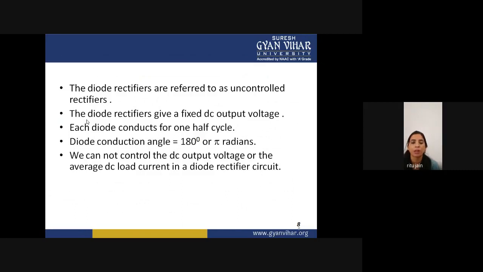So that's why the diode conducts for one half cycle. Now we cannot control the DC output voltage or the average DC load current in diode rectifiers. So this is all about the rectifier, or you can say the uncontrolled rectifier.